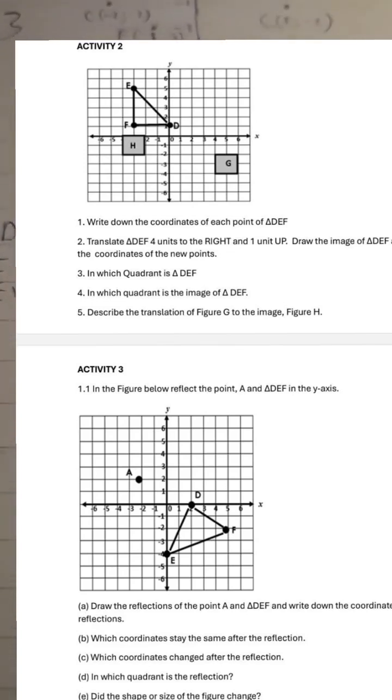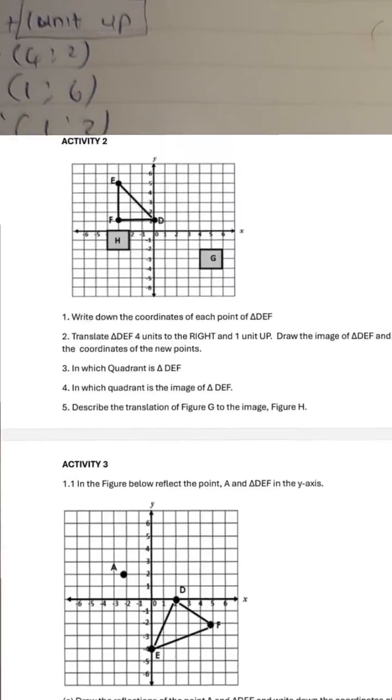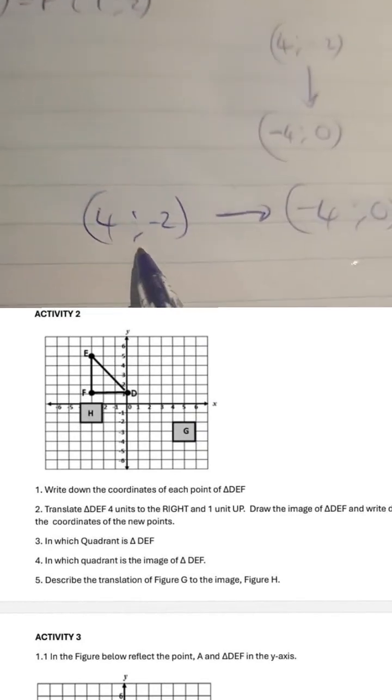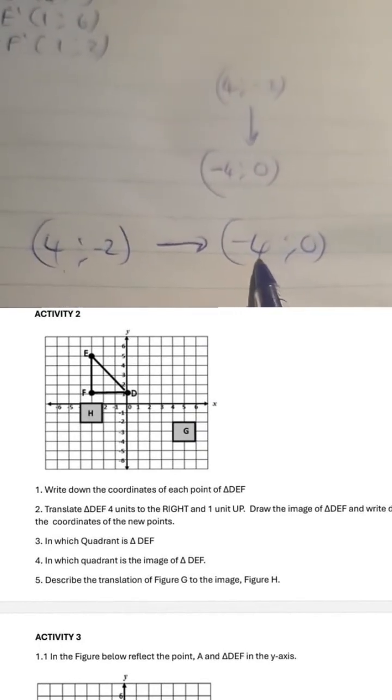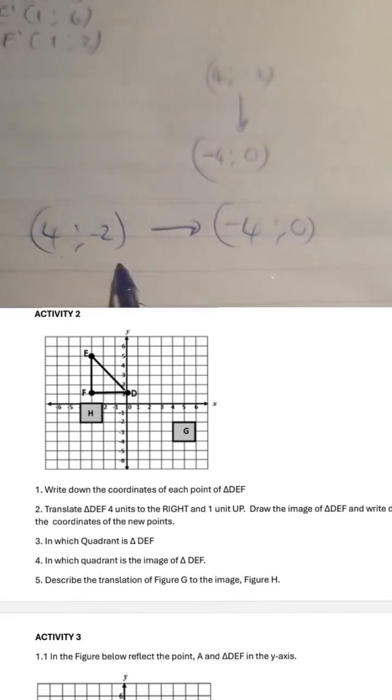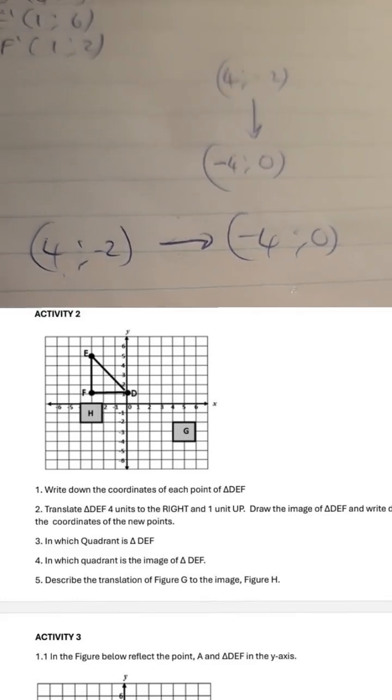So the question is, what happened for one to find themselves moving from 4 and -2 all the way to -4 and 0?